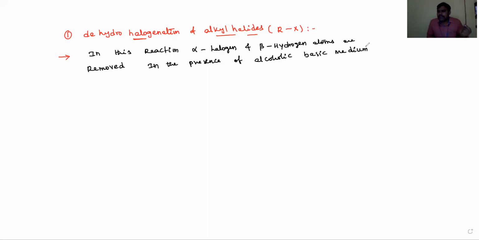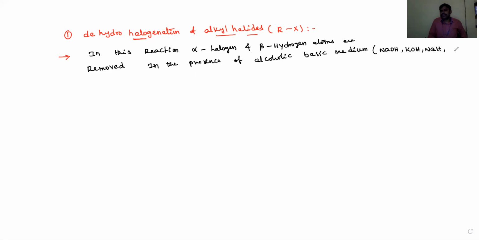Alcoholic basic medium means you have to use alcoholic potassium hydroxide or sodium hydroxide, or sodium hydride.